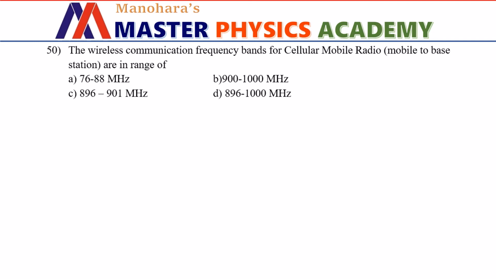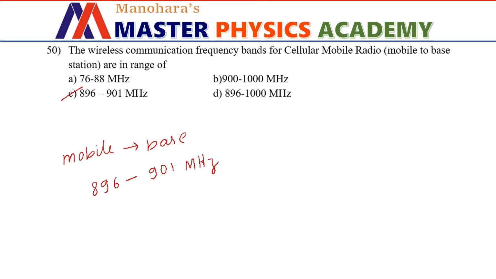The wireless communication frequency bands for cellular mobile radio, mobile to base station, are in the range of. It's a memory based question. The correct option is option C. From mobile to base, the information is passed in the frequency range of 896 megahertz to 901 megahertz.